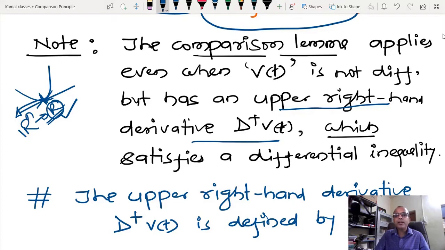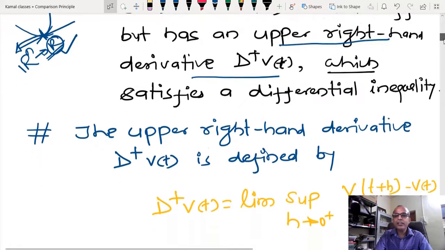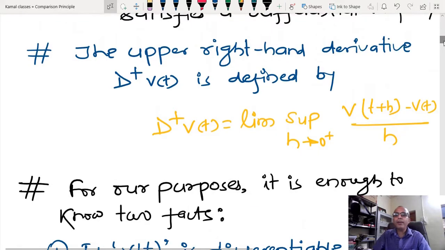Okay, but the assumption is further relaxed. We do not worry about the left hand derivative, right hand derivative or derivative at this point. You can just calculate the upper right hand derivative, and in order to define it, we need the concept of the limit supremum.